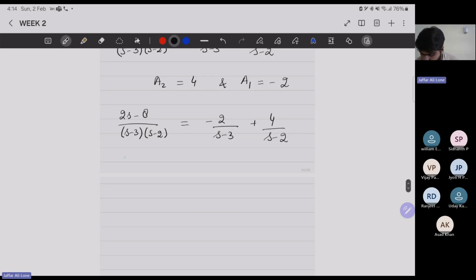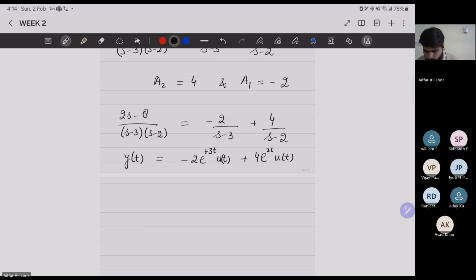Then finally, if we take the inverse Laplace transform, we will get minus 2 e raised to the power 3t u(t) plus 4 e raised to the power 2t u(t). So this is our inverse Laplace.